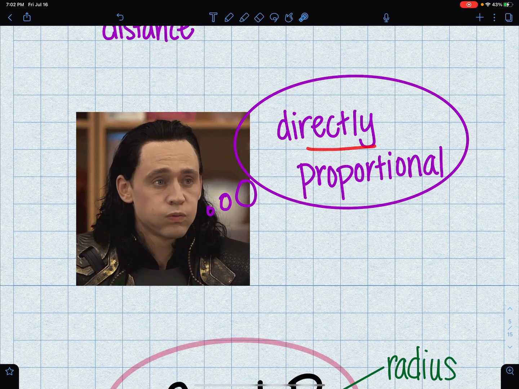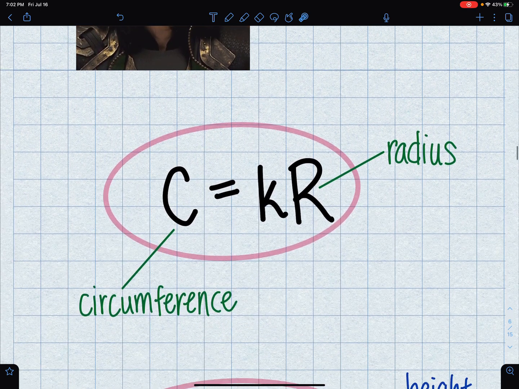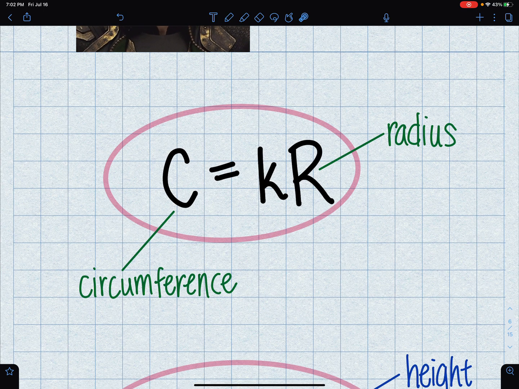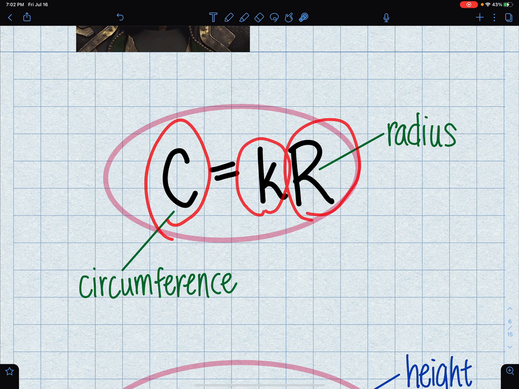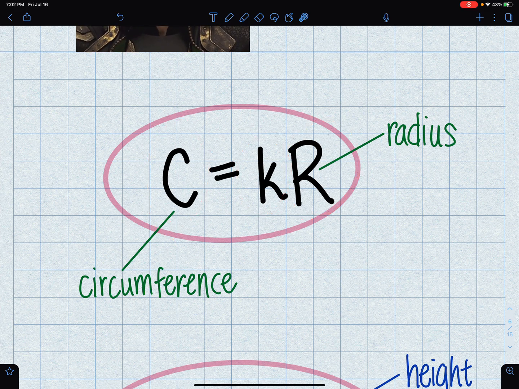And whenever you see directly proportional, then you'll know it's an equation like this. In this example, the circumference of a circle is directly proportional to the length of the radius. So there's some constant that you can multiply times the radius to get the circumference. Okay? So if the radius goes up, the circumference goes up. That makes sense. Rule of thumbs. If the radius goes down, the circumference goes down.